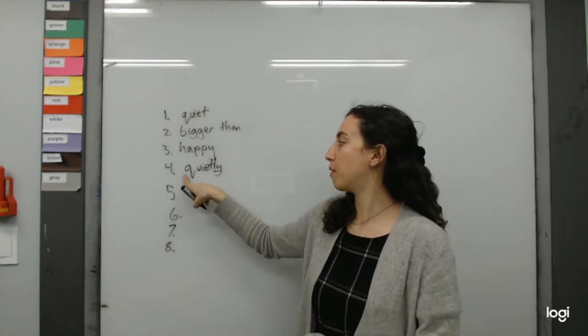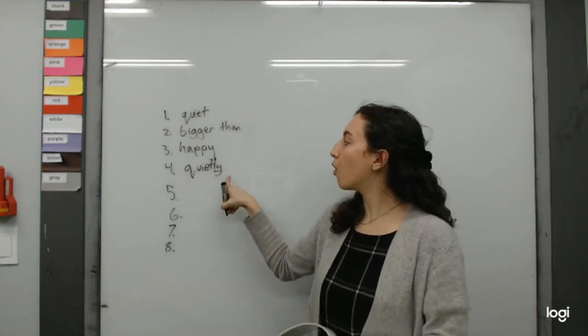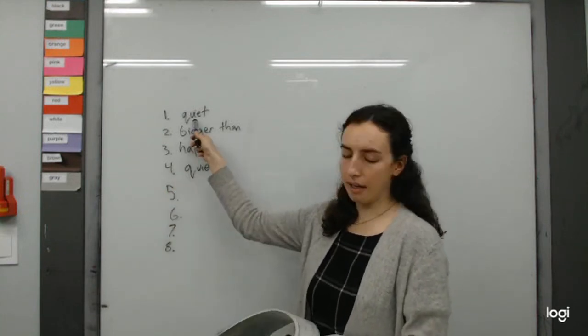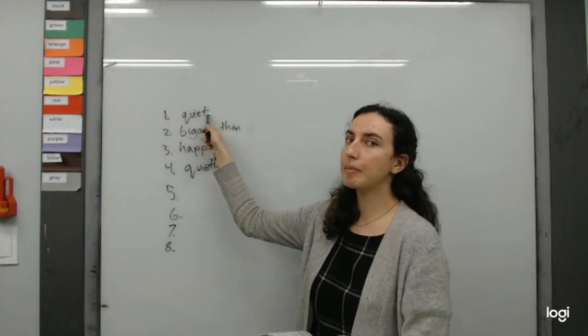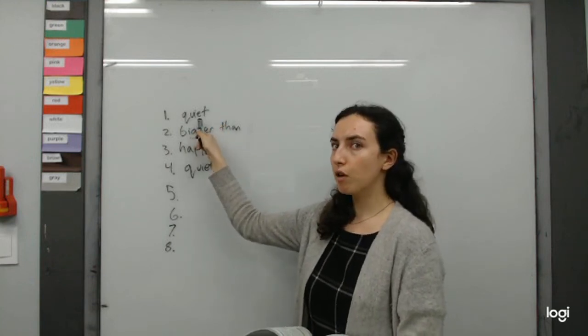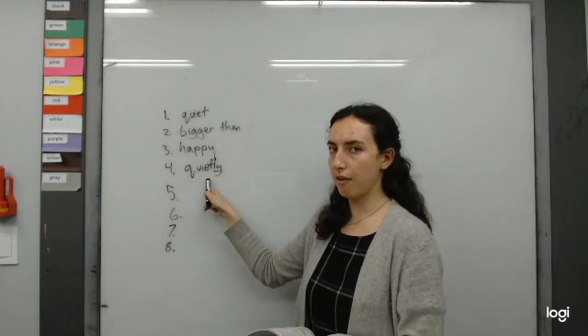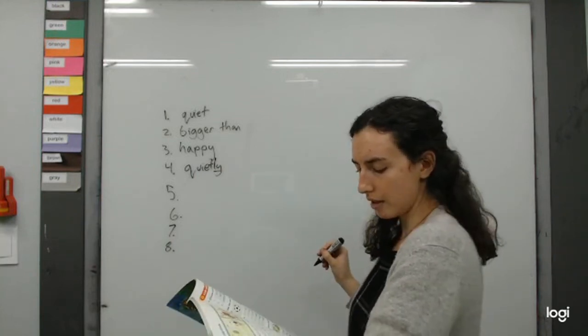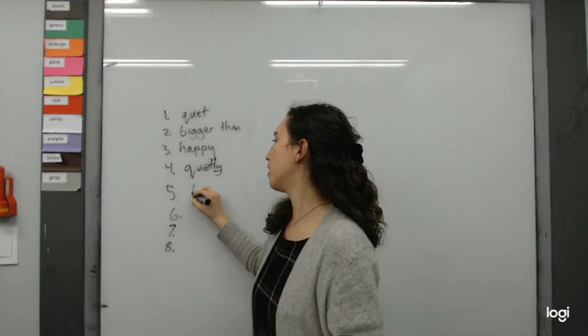We need an adverb. Talk is a verb, and only adverbs can describe or talk about verbs. Quiet, for number 1, talks about Sam, so we use adjective. Quiet, not quietly, adverb.